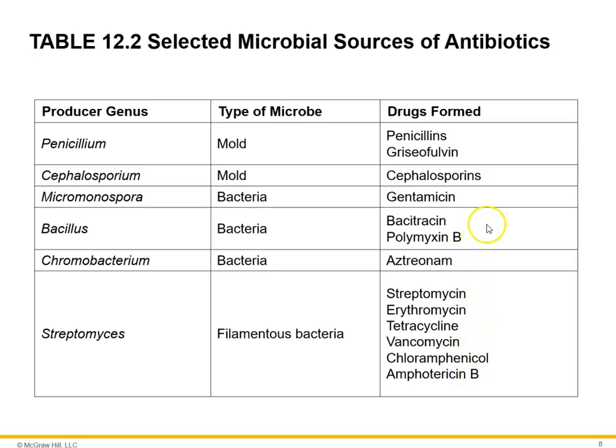So these are all produced by different species in these genera. And like I said, they can be left unaltered so that they're like natural antibiotics, or we can take them in the lab and we can alter them, and then they will be semi-synthetic antibiotics.